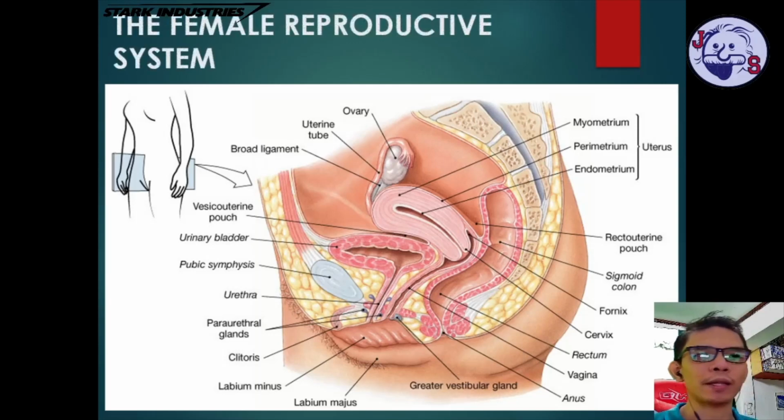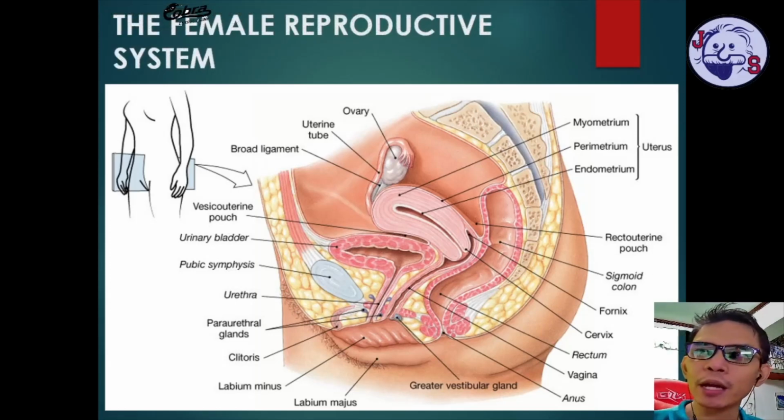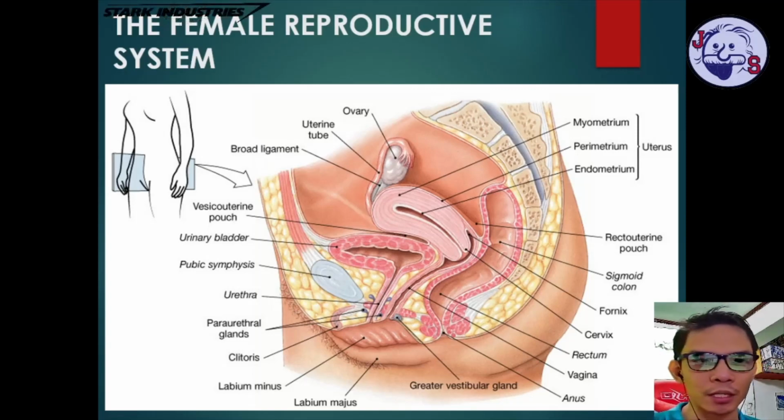All right, so let's go now to the overall look of the internal organs of the female reproductive system. As you can see on this picture, the female reproductive system is different from the male reproductive system.